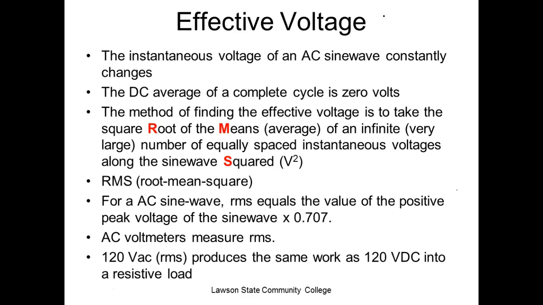So the method of finding what we call the effective voltage, nobody should call this an average voltage, just effective voltage, is to take the square root of the mean, which is the average, of an infinite number of equally spaced instantaneous voltages along the sine wave, squared. We call this RMS, or the root of the means of the squares.